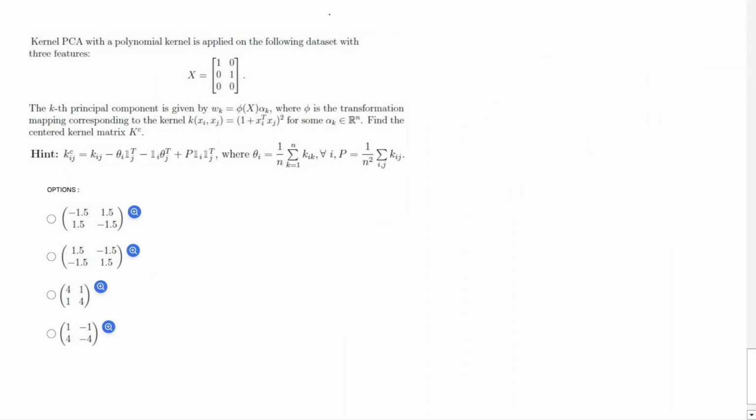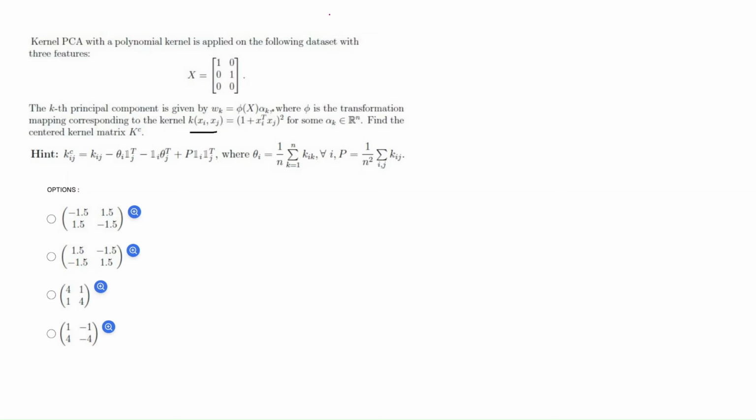Alright, so here the question is that the kernel PCA with a polynomial kernel is applied on the following dataset with three features. The kth principal component is given, where phi is the transformation, kxij equals 1 plus xi transpose xj whole square.